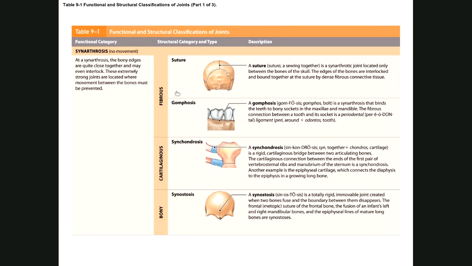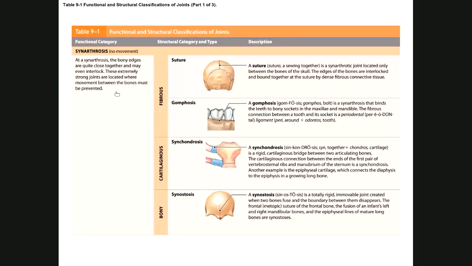So if I ask you a question, most likely it would be, for example, how do you classify the joint in terms of its function? You would say synarthrosis, diarthrosis, or amphiarthrosis. But how do you classify joints based on structure?